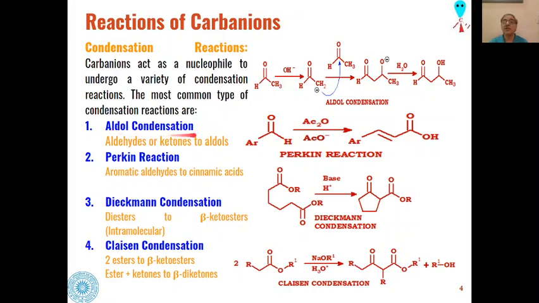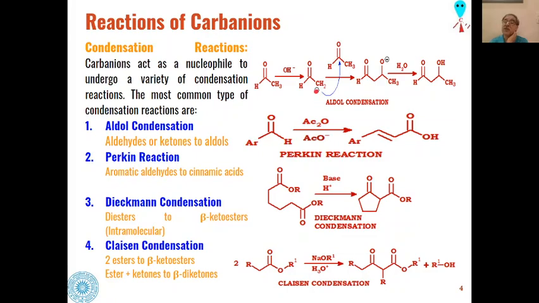The reaction takes place in the presence of a base. Here again, because of the presence of the carbonyl group, the protons present on the adjacent carbon are acidic protons. So the base will abstract any of the protons from the adjacent carbon, and a carbanion will be generated.